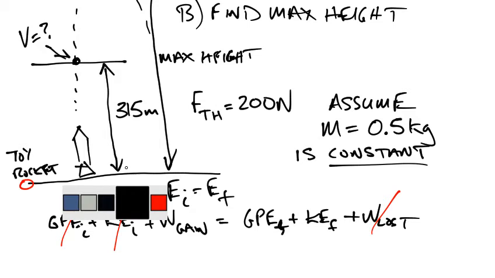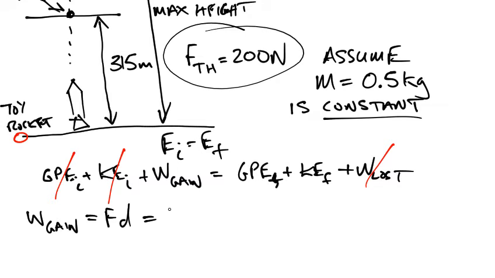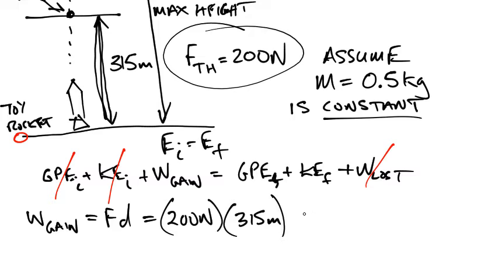So, what else is left here? Well, how much is work gain? Work is equal to force times distance. Luckily, the thrust force is given at 200 newtons, and the distance over which that acts, this distance here, is 315 meters.